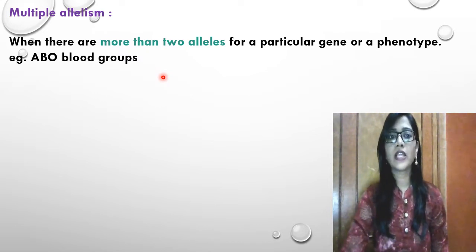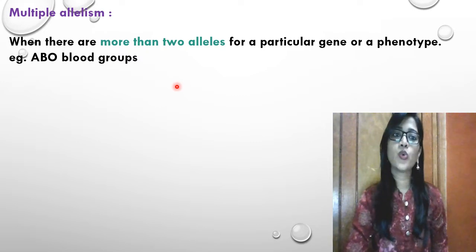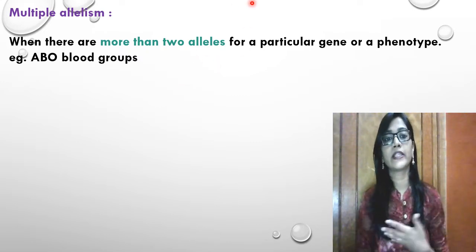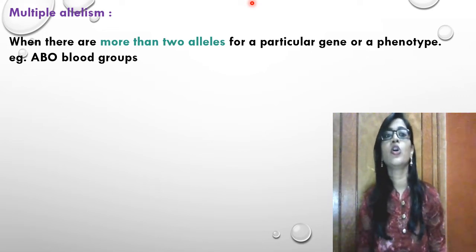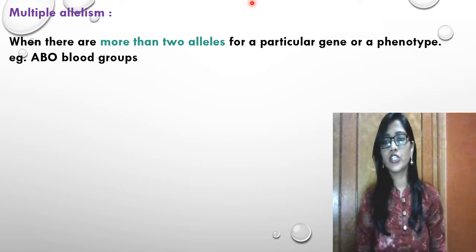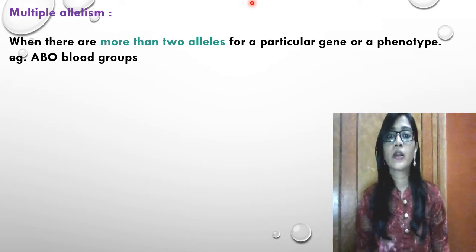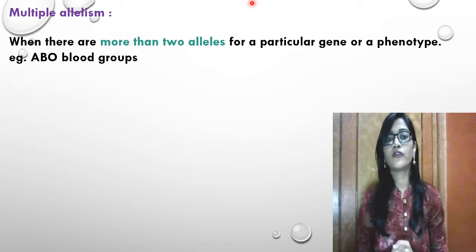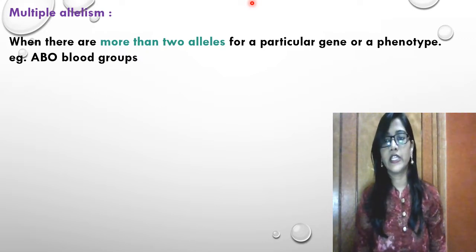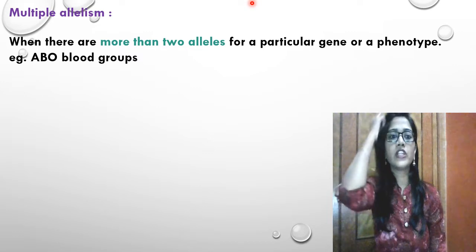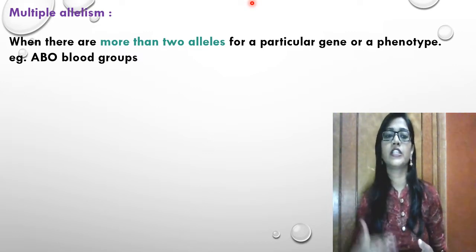Multiple allelism means more than two alternative forms or alleles of a gene in a population occupying the same locus on a chromosome or its homologue, known as multiple alleles. We studied the definition in the earlier slide. Multiple alleles arise by mutations of the wild type gene. Wild type is the natural allele present in any organism. A gene can mutate several times, producing a series of alternative expressions.